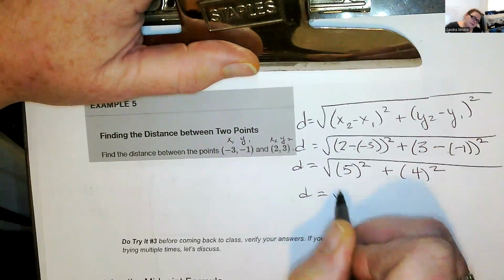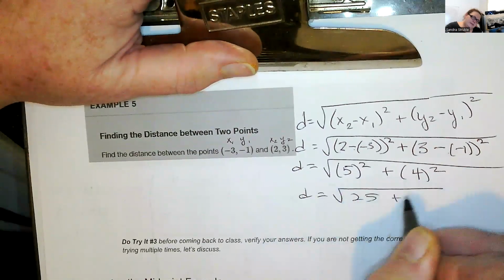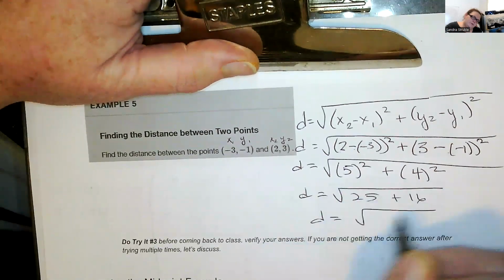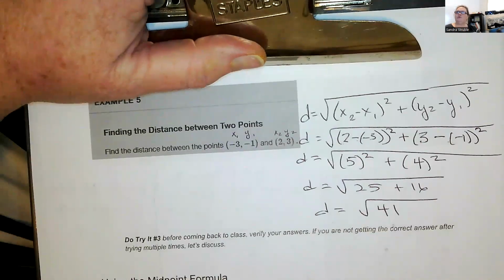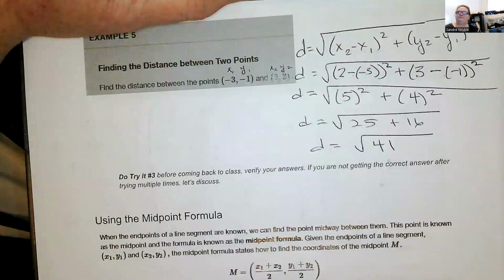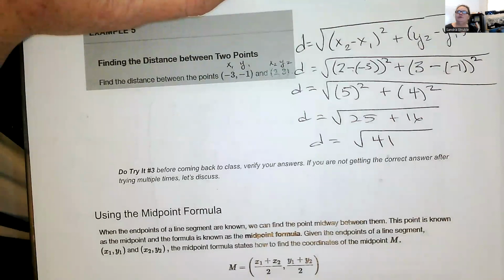So D equals the square root of 25 plus 16. D equals the square root of 41. I feel like I've recorded this before. Okay, that is our distance between those 2 points, square root of 41.